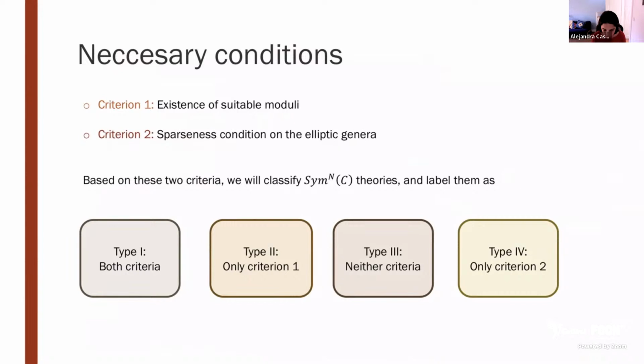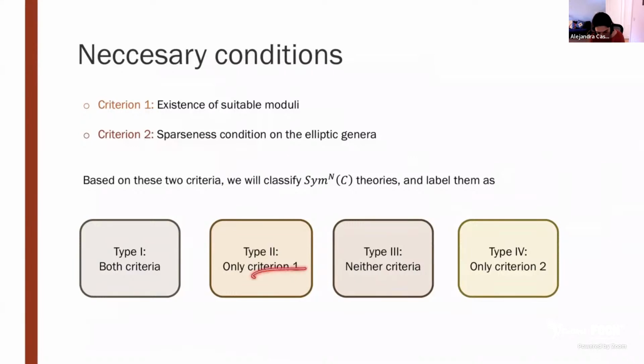Based on that, naively, you have four options for what a symmetric product orbifold could do. What I will call type 1 theories are theories that obey both criteria, meaning that the suitable moduli for the deformation will exist, and they will meet a sparseness condition on the elliptic genus.